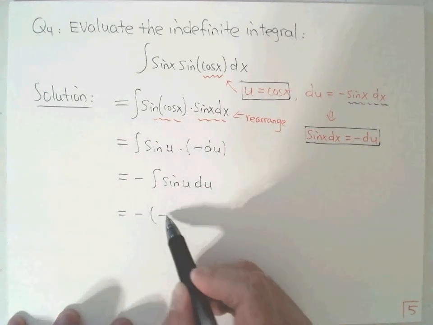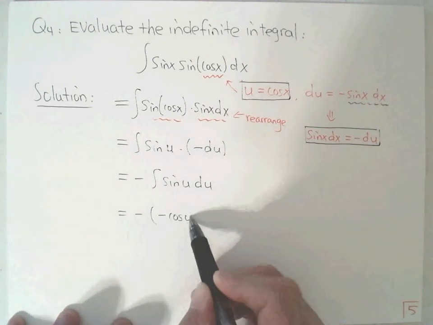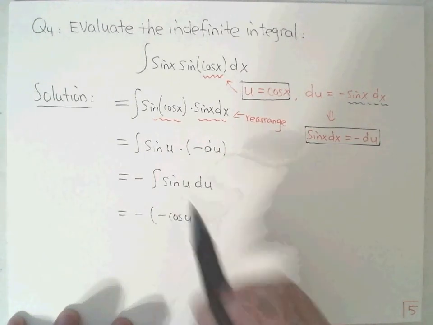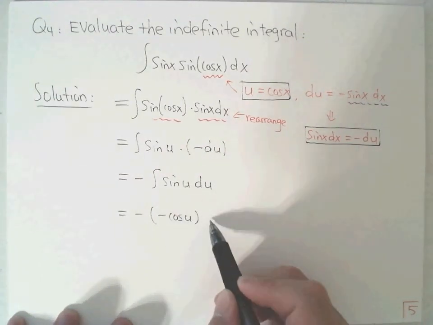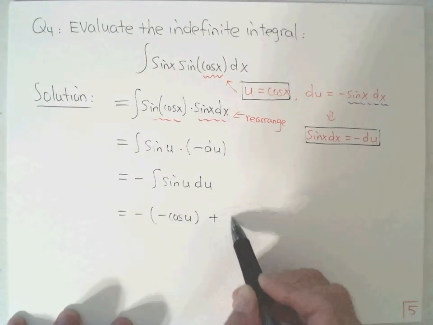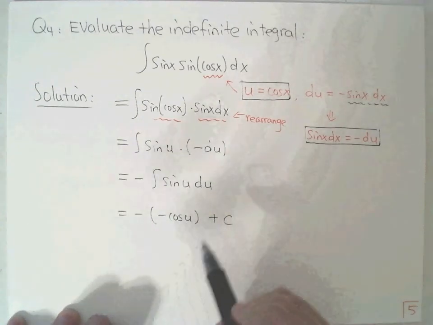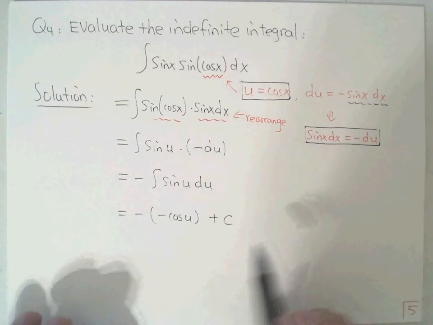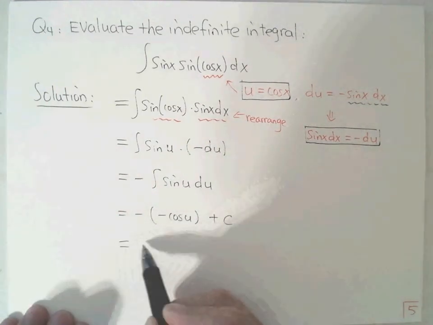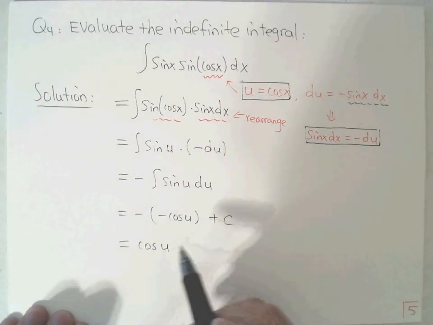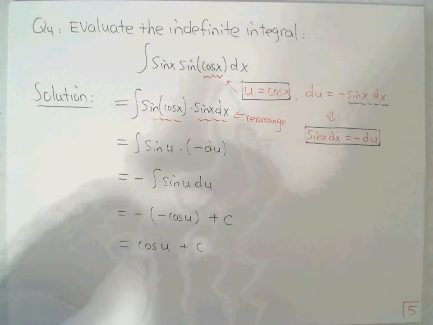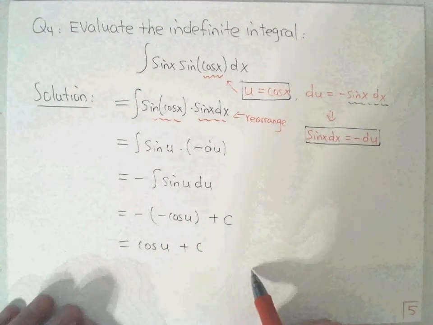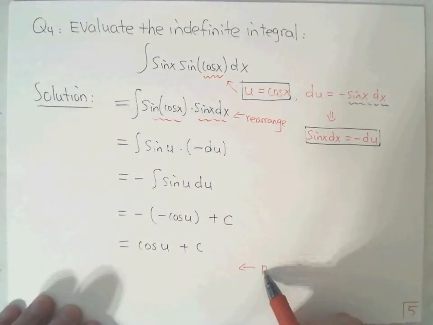This is a simple function. The antiderivative is negative cosine, so I put negative cosine u, because the derivative of negative cosine u is sine u. Then plus c. The negative goes to positive, which means cosine u plus c.